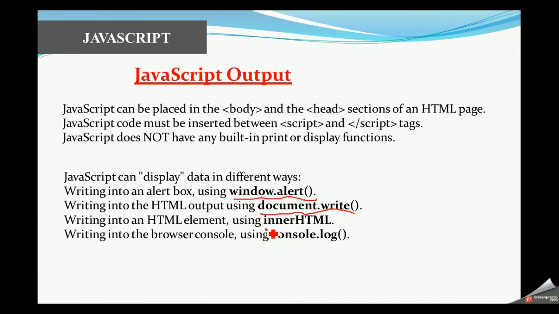If I want to use a specific HTML element, such as a paragraph, where some dynamic changes must appear, we will use innerHTML. And if I want to write on the browser console, we will use console.log. So these are the four different ways in which you can see the JavaScript output.